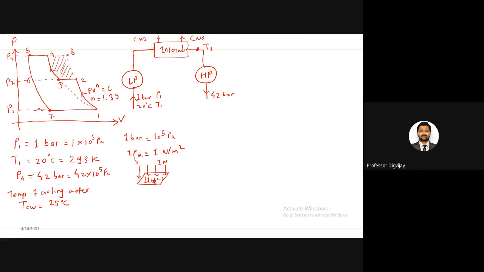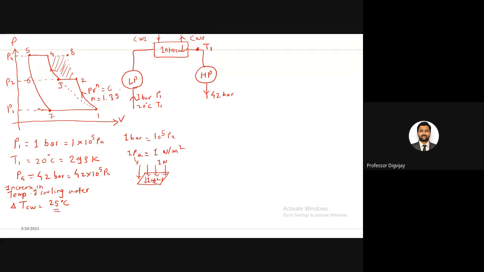So let us check if it is the inlet temperature or outlet temperature. Okay, so this will be like an increase in temperature. So this is actually the increase in temperature of cooling water, so that delta T or the delta TW is given as 25 degrees Celsius.